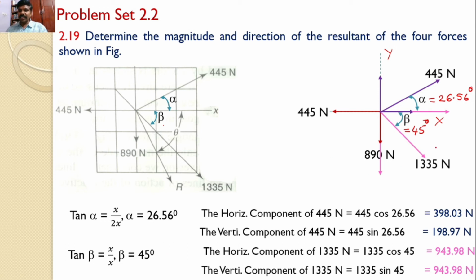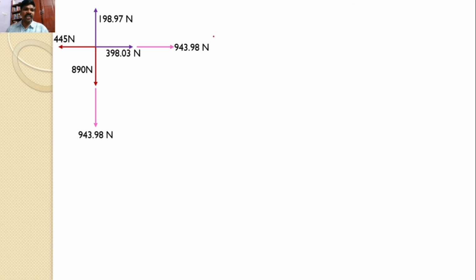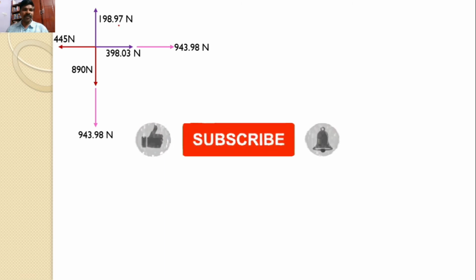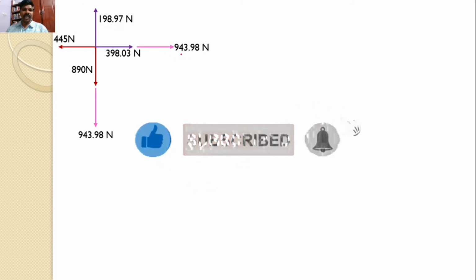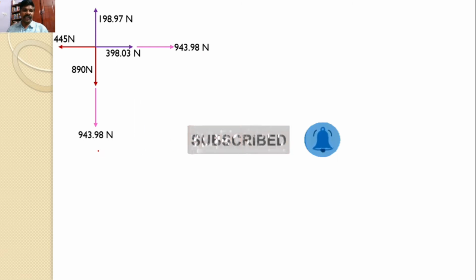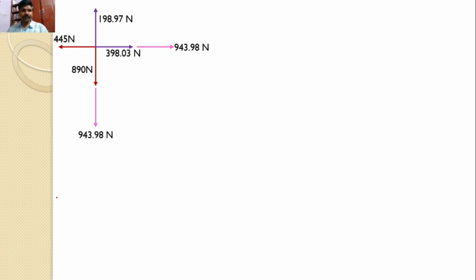Now, I will consider only the forces along the x and y axes. These are the various forces acting along the x and y axes: 890 newtons vertical, 445 newtons along the x-axis that is given, the components 398.03 and 198.97, and the other force components 943.98 and 943.98.